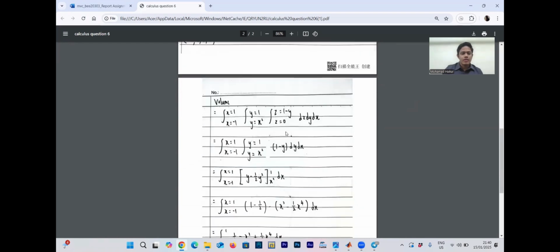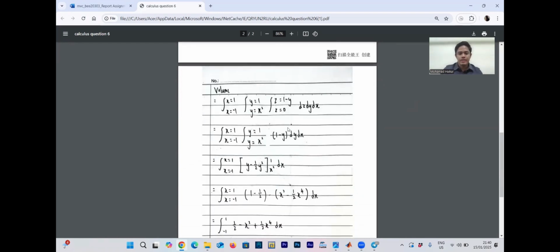Then we put it into one equation for the x, y, and z ranges, with dz, dy, and dx. x goes from -1 to 1, y goes from x cubed to 1, and z goes from 0 to 1 minus y. We first integrate with respect to dz and get 1 minus y.